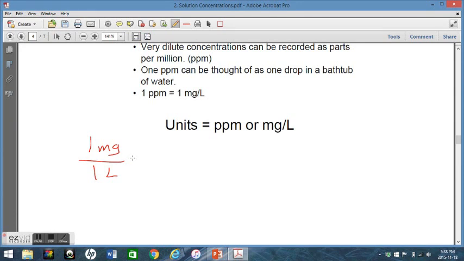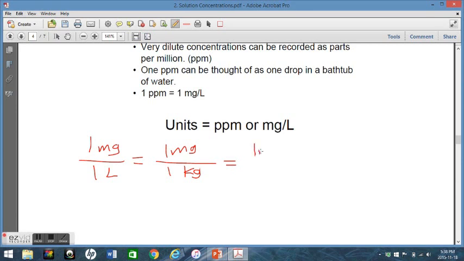So 1 milligram per liter. The mass of 1 liter of water is equal to 1 kilogram. So this is the same as 1 milligram per 1 kilogram. And then, how many grams are in 1 kilogram? There's 1,000 grams in 1 kilogram.